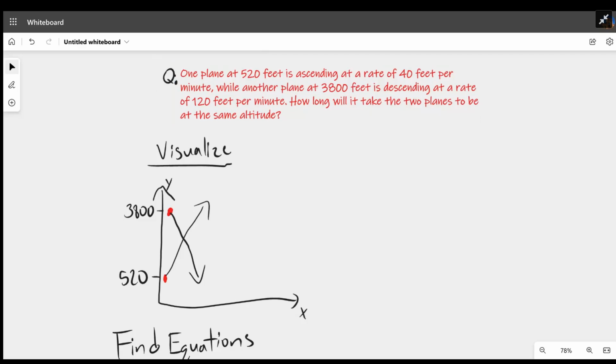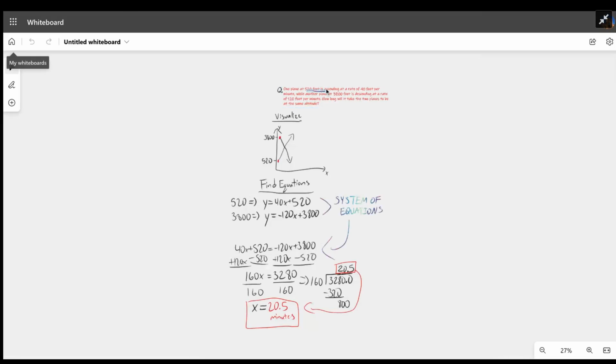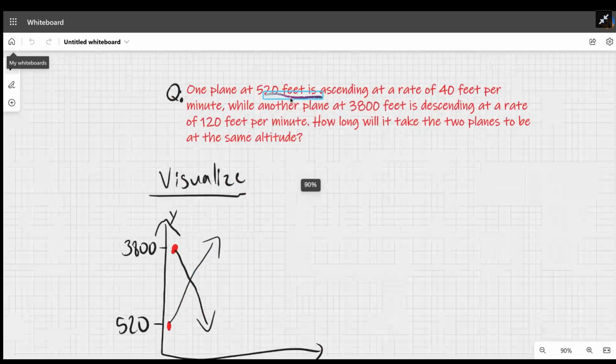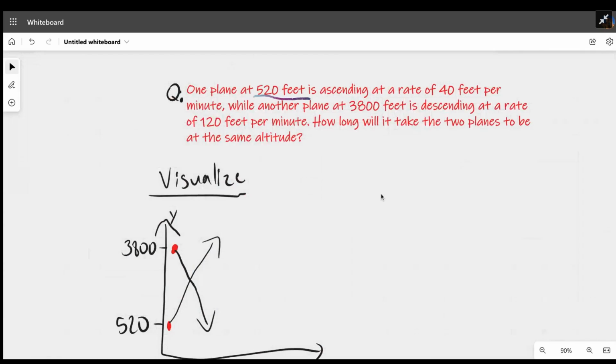Okay, so I'm going to underline 520 feet. Let me make sure you guys can see that. Yes, 520 feet, that's the first thing I underline, and ascending. Then we have 40 feet per minute.